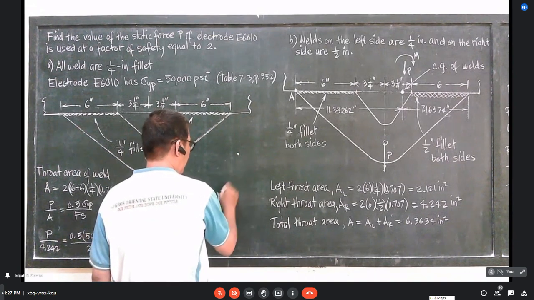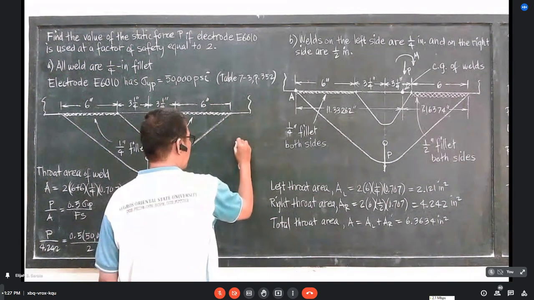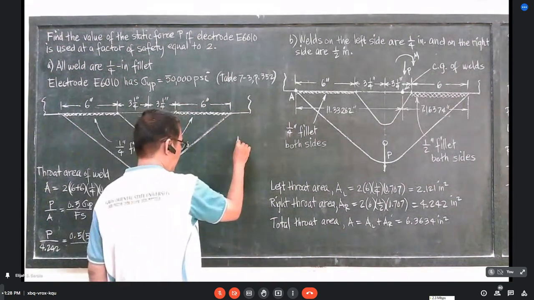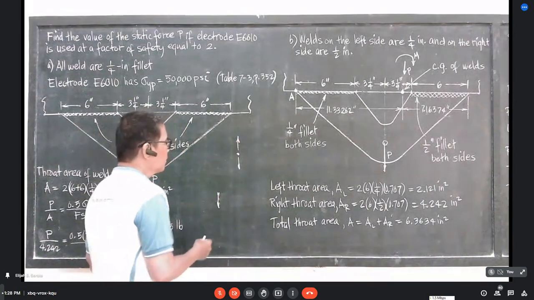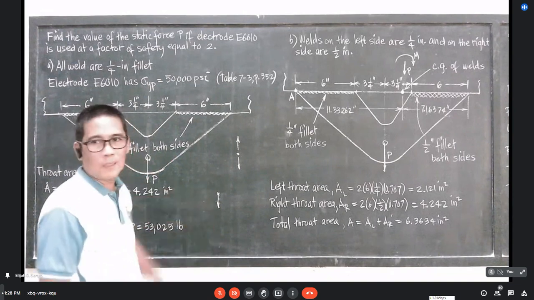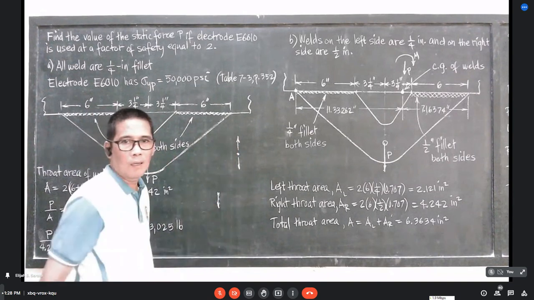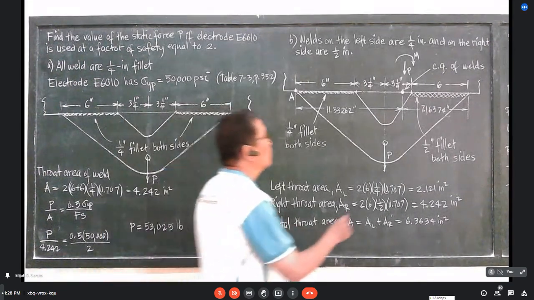So you replace this one with something like this and something like this. So these two will be a couple that is tending to rotate. In what direction?